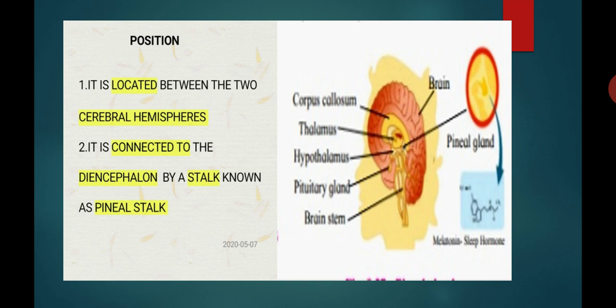Students, cerebral hemispheres are the equal halves of the cerebrum, and the cerebrum is a part of the forebrain, and the forebrain is a part of the brain.